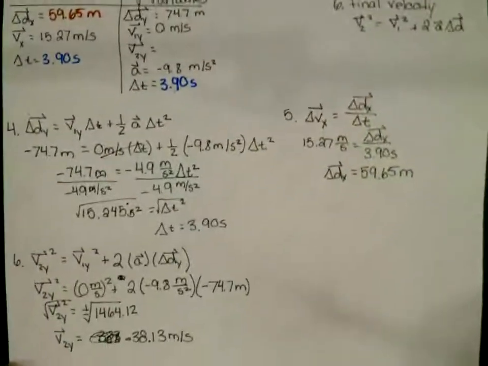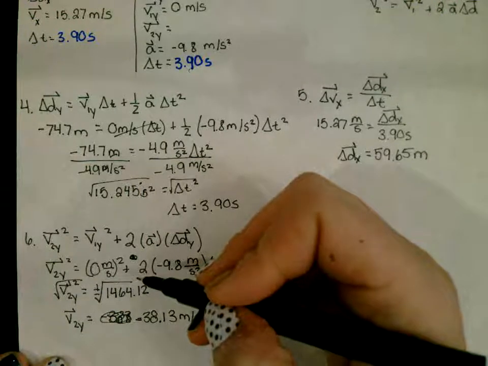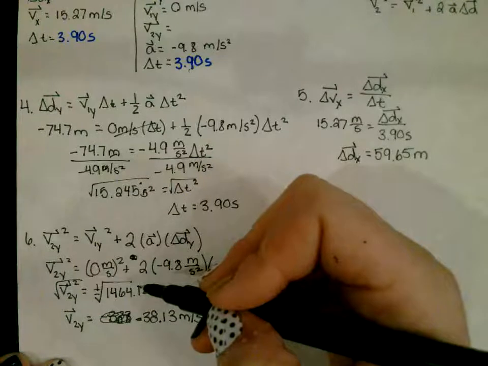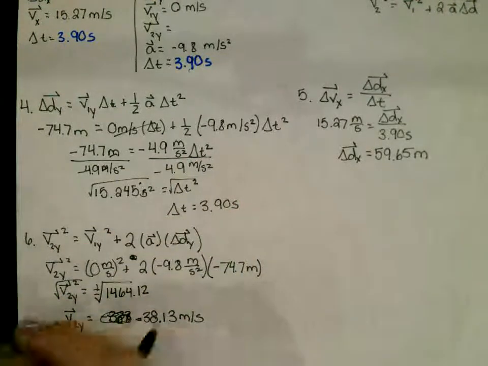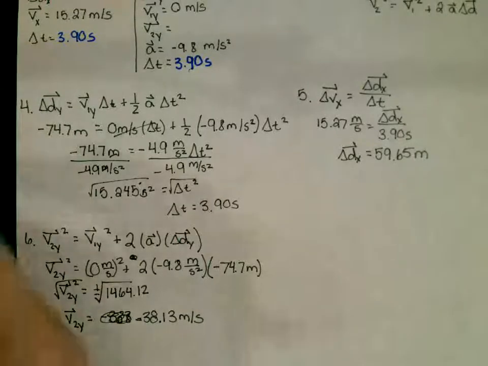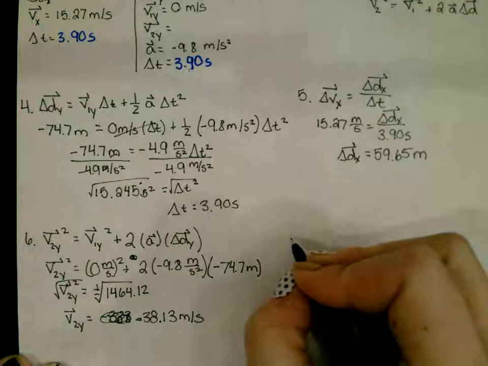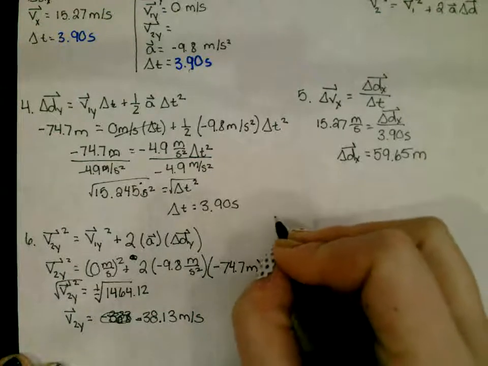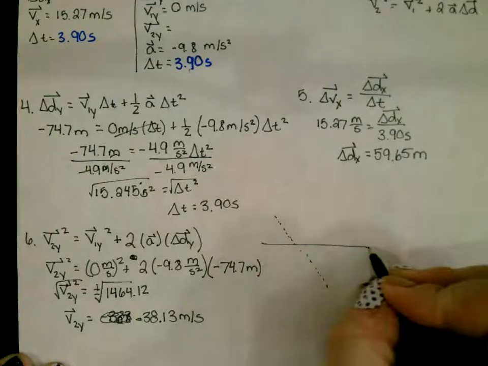All right? But that's not all. That's not the only component of final velocity we need. That's the y component of the final velocity. We need to know the total final velocity. So we're going to create a right triangle. So it's coming down and it hits the ground. Here's the ground.